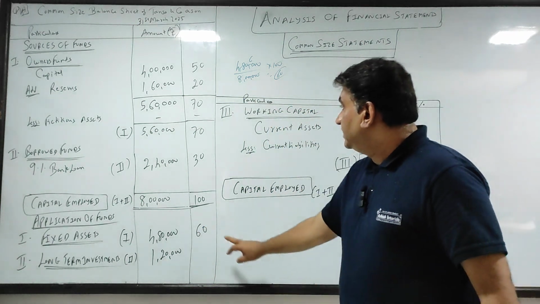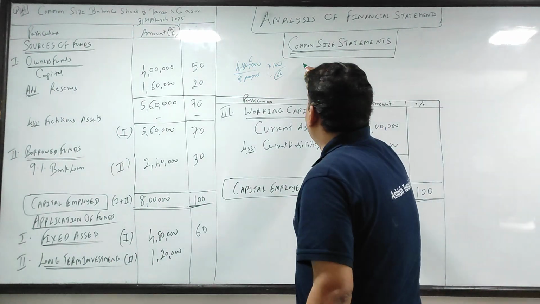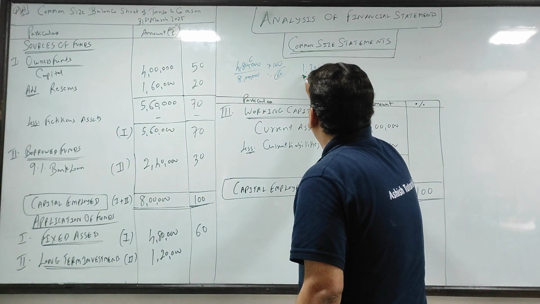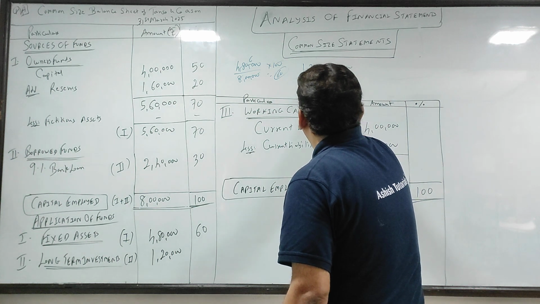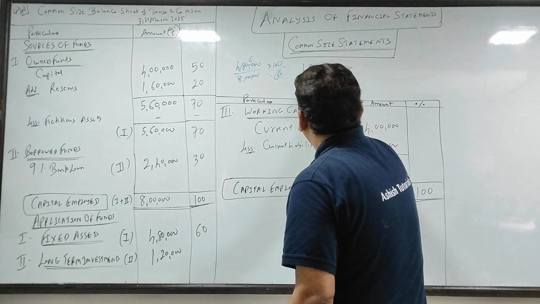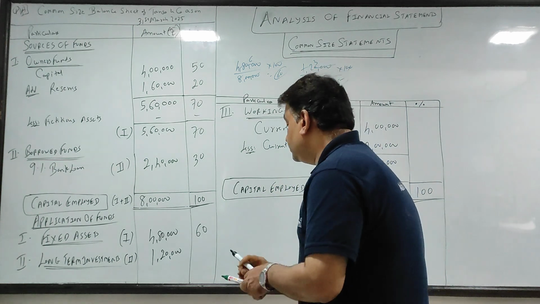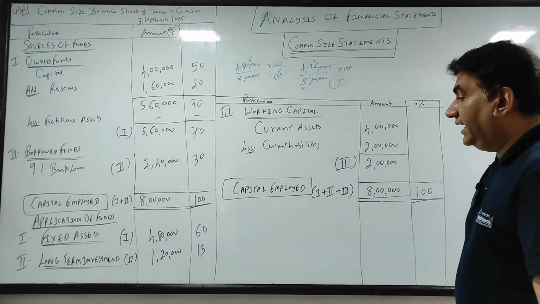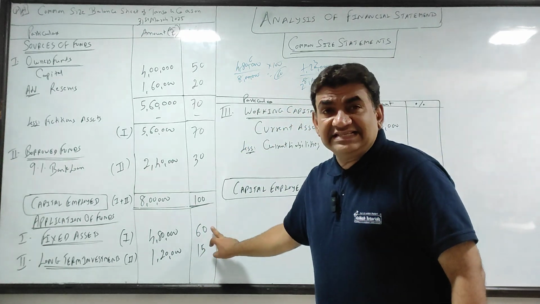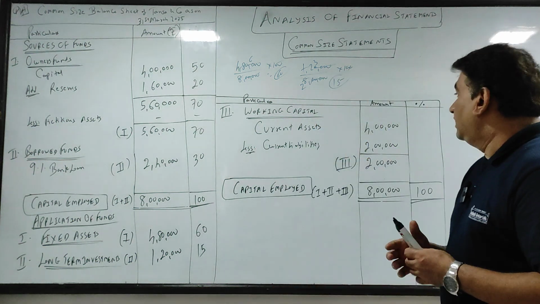Long term investments 120 divided by 8 lakhs into 100. 4 zeros gone, 1 0 1 0, 4 2s are 4 3s are 30 divided by this, 15. So this becomes 15. Getting it? So fixed assets 60%, long term investments 15%.